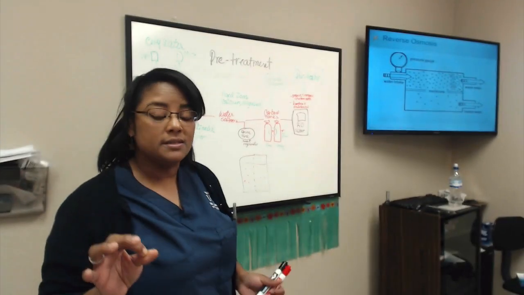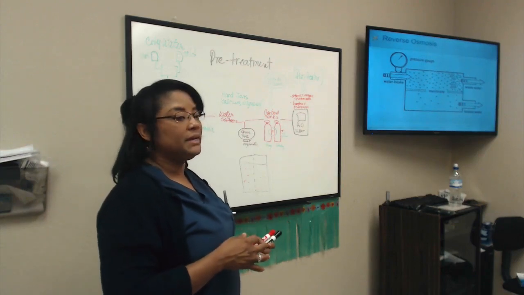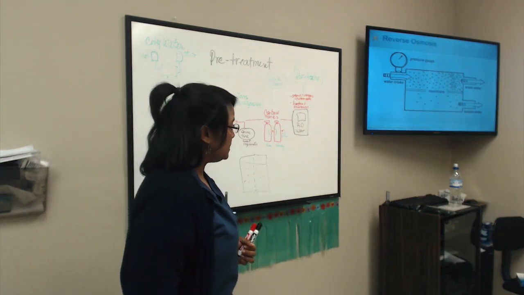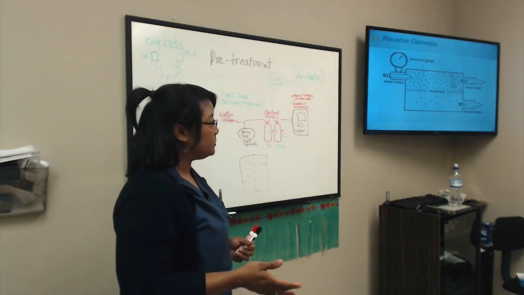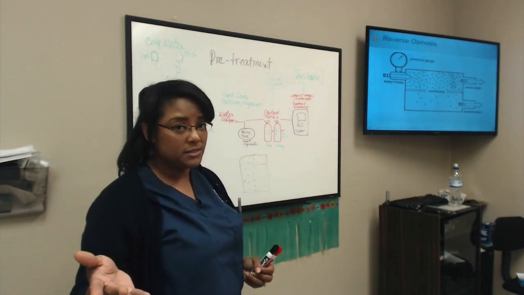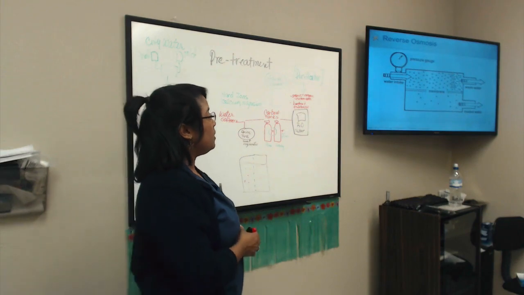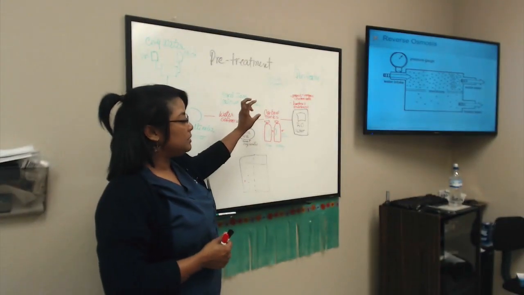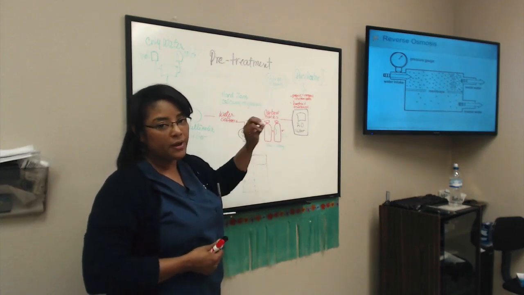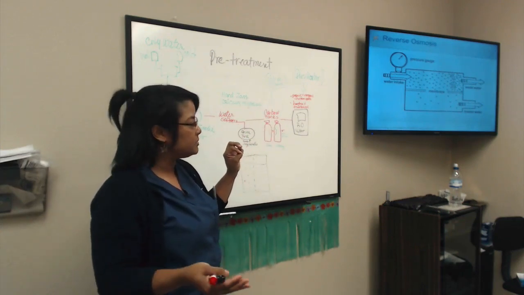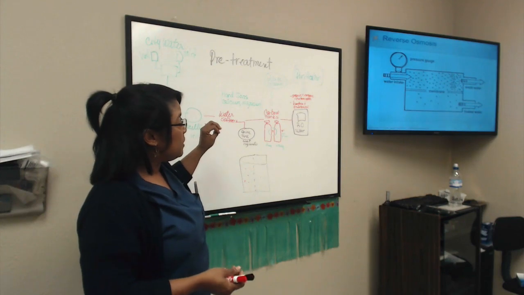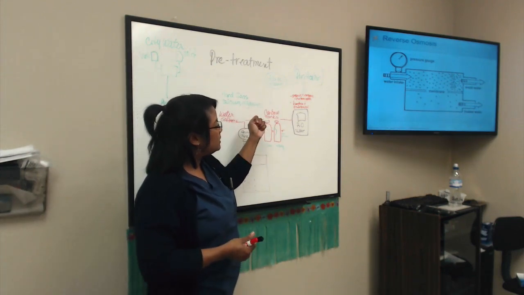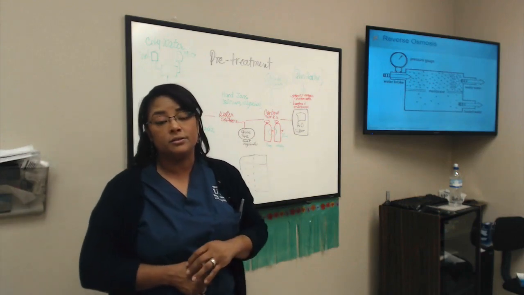So now we're up to the point, I'm going to repeat it real fast because I didn't start the recording. At this point, we're talking about the RO system, which is the reverse osmosis system. What we're trying to do here is use purified water inside the dialysis unit. The reverse osmosis removes organic and inorganic contaminants, bacteria, and endotoxins.